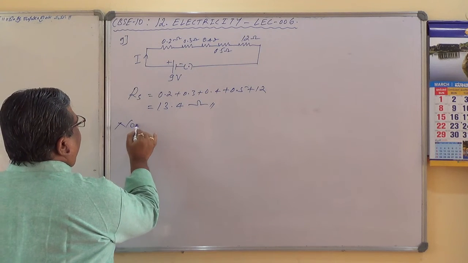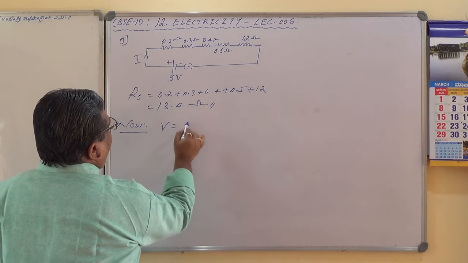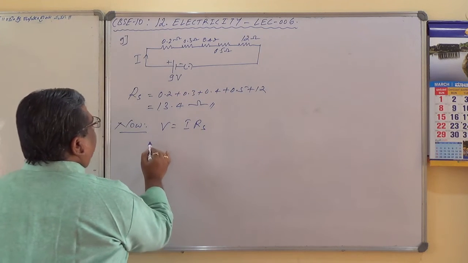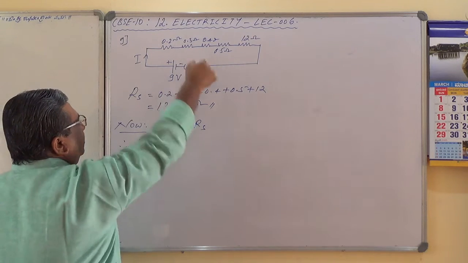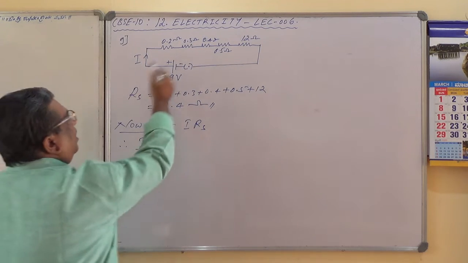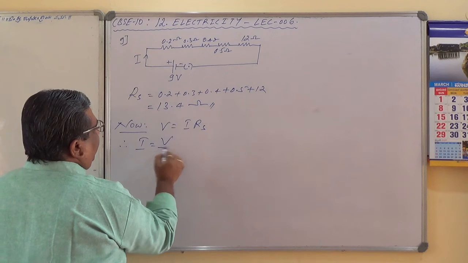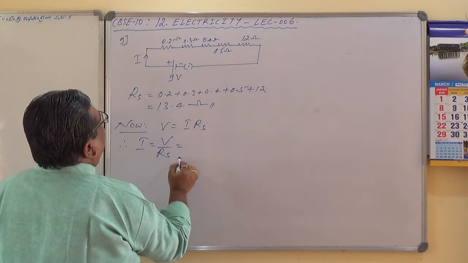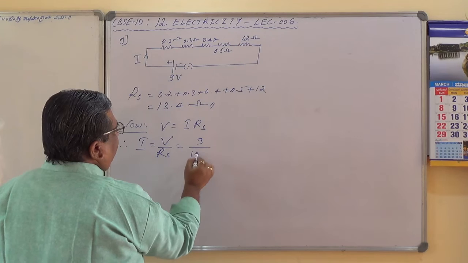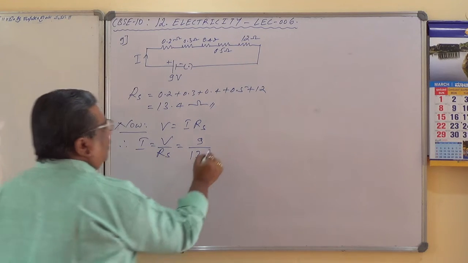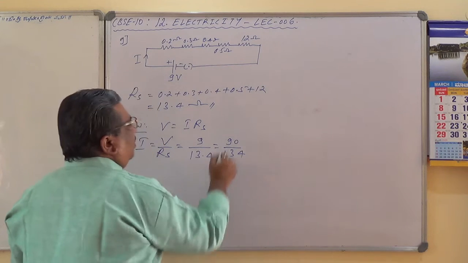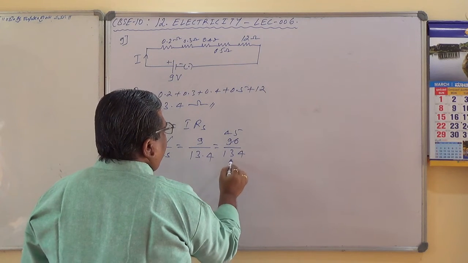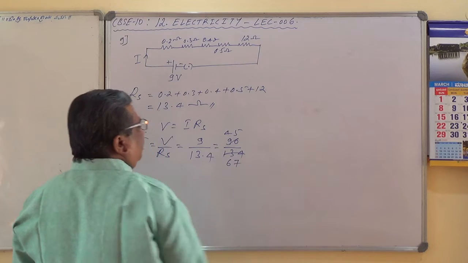Now by Ohm's law, V equals I Rs. And therefore, what is that that we have to calculate? Current through the 12 ohm resistor, which remains same for all the resistors. V divided by Rs, which is 9 divided by 13.4, which is nothing but 90 divided by 134.